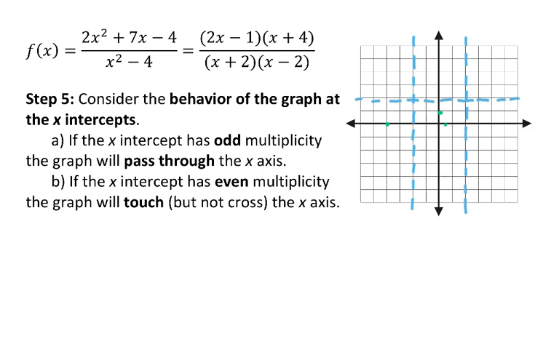If I look at both of the factors in the numerator of this polynomial, they are raised to the power of 1. That means that both factors have multiplicity 1, and both x-intercepts have multiplicity 1.